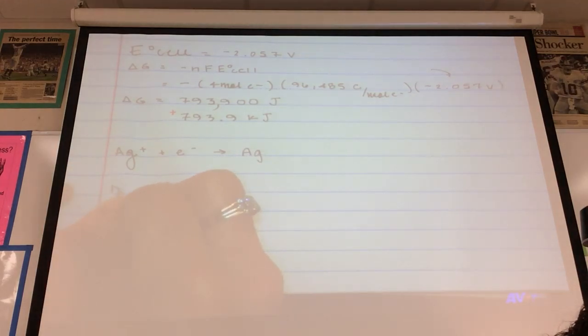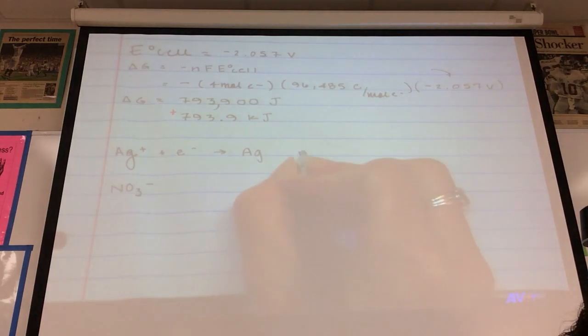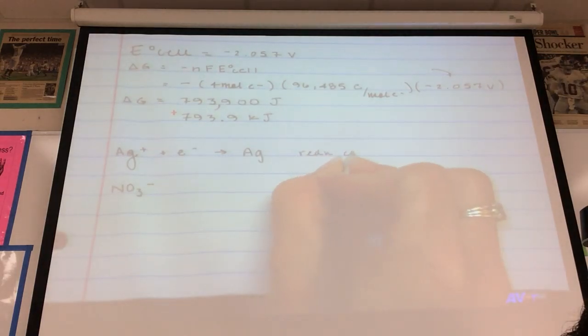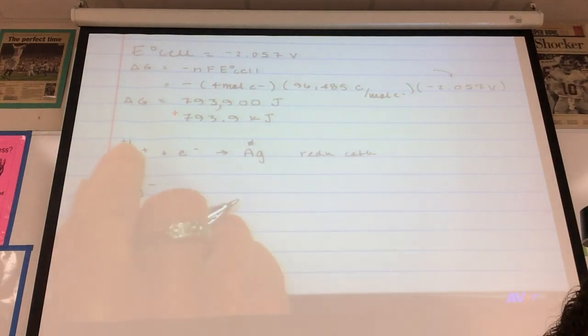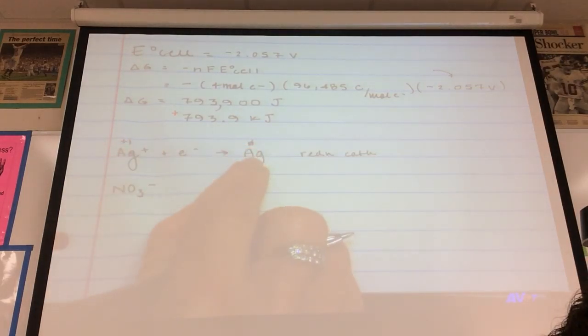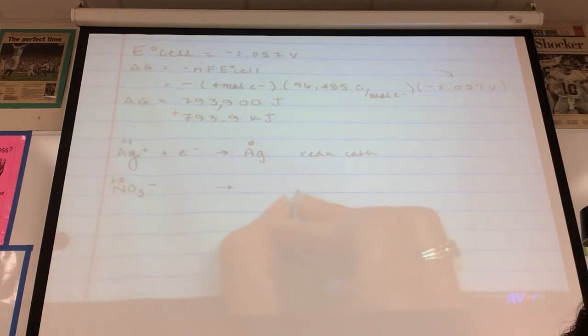But if you were considering the nitrate ion, if this is reduction at the cathode, this is +1 and this is 0, hence the reduction and oxidation number. Nitrogen is +5, and if you're considering oxidation now, where you lose 1 or more electrons, you would need that oxidation number to go up.